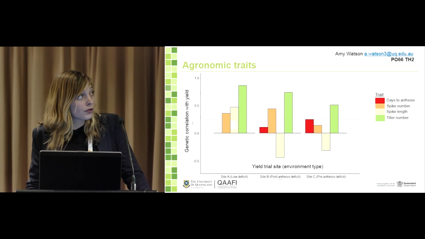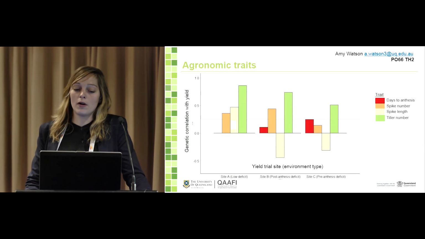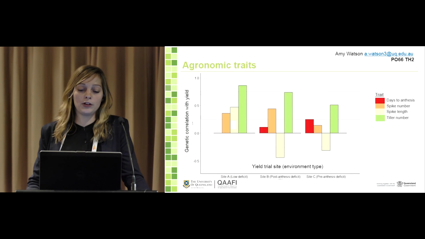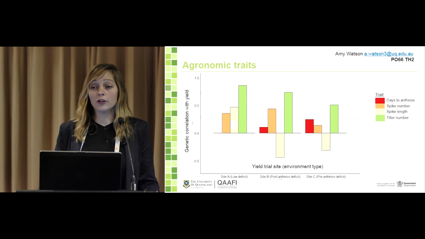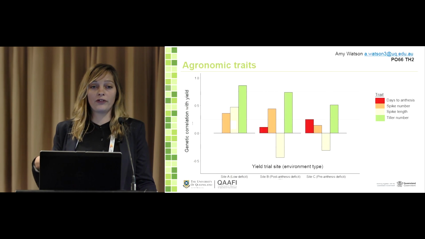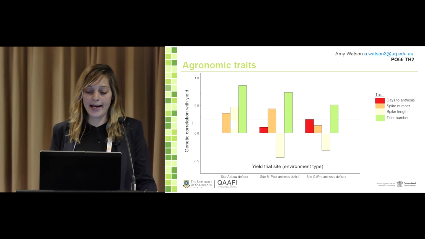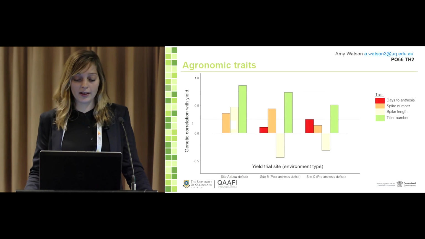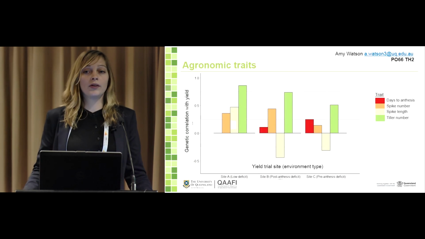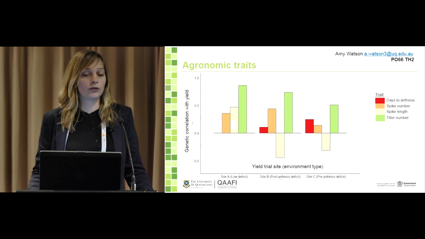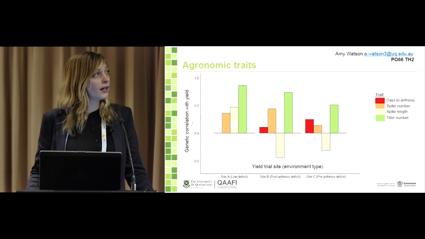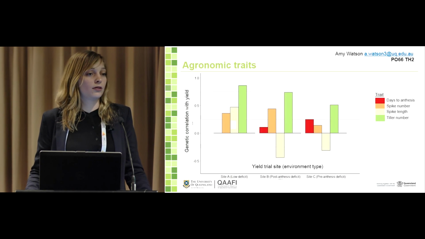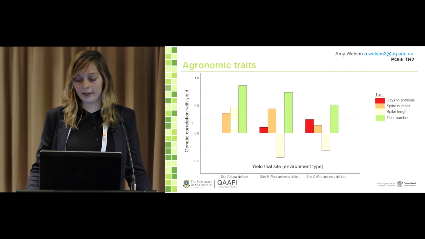This graph shows that there is some variation of the genetic correlation between the traits, but also for the same trait within environment. And it shows that tiller number is the one that seems to be consistent across the three environments, and was quite well correlated with the yield, so it could be used as a good proxy trait for yield.